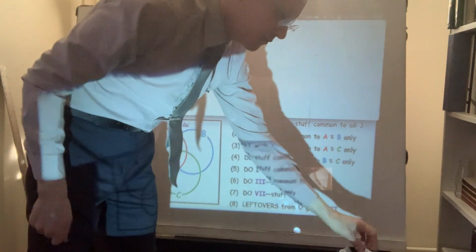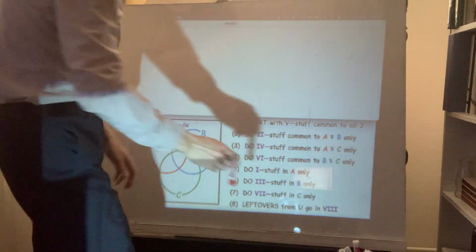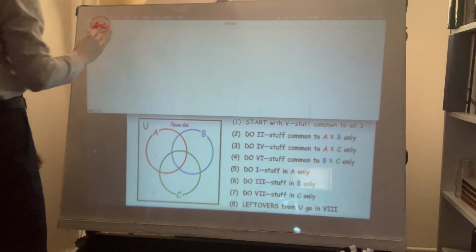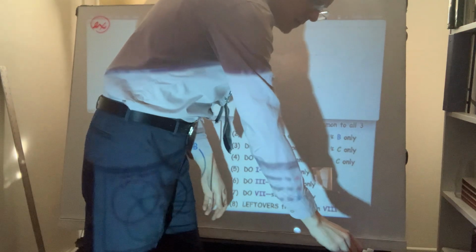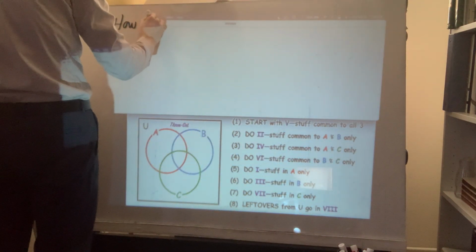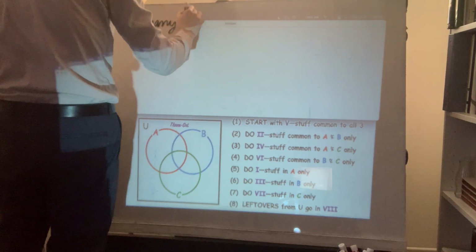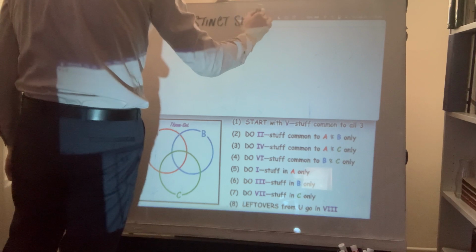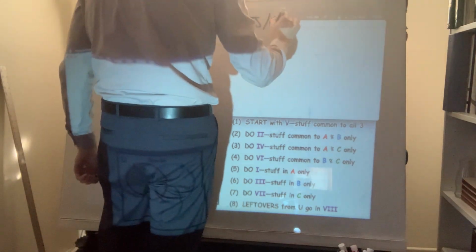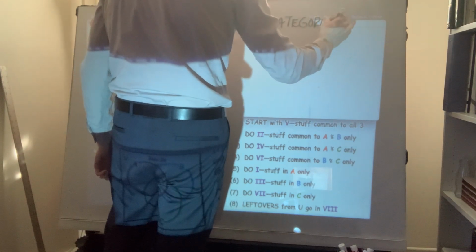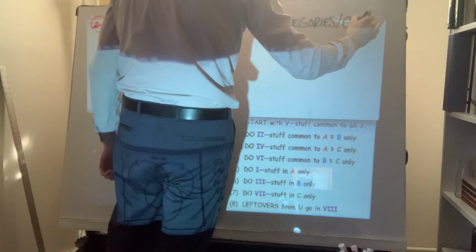I would firstly ask myself, how many distinct sets are there? Categories, whatever you want to call them, or since we're talking about music, genres.